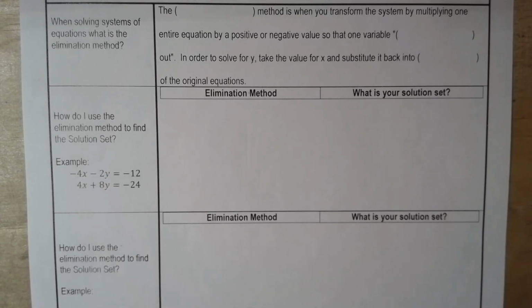Alright, in this lesson we're going to be looking at how to solve systems of equations by elimination. So the first thing you'll notice is a question on the top left says, when solving systems of equations, what is the elimination method?